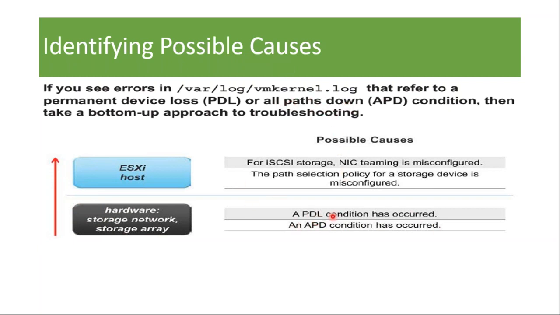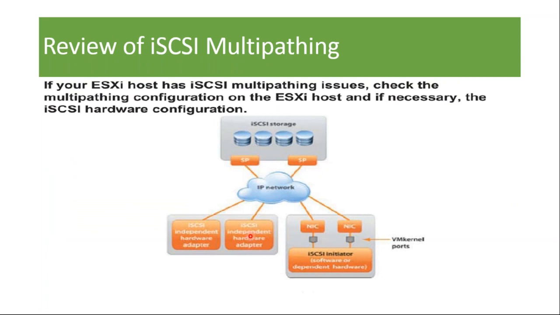Permanent device loss means your storage is completely disconnected from your ESXi host. There is no physical communication. Here, whatever iSCSI is configured is completely disconnected due to IP network loss.